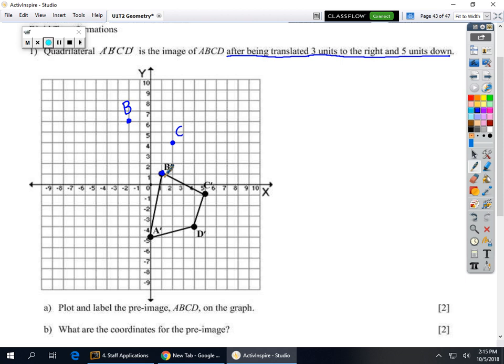Oh, hey, look, that's just where B prime was. And A, 3 to the left, 1, 2, 3, 5 up, 1, 2, 3, 4, 5. So that is my A. So, we put the points, let's connect them. You should see that it's the same shape, it's just been translated, just been moved around.